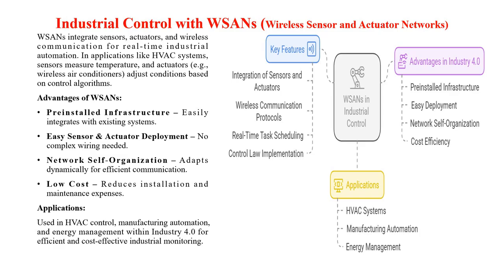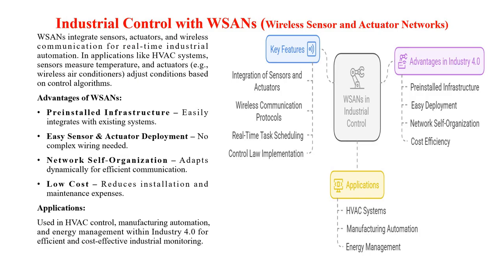The key features or advantages of the WSANs are, first, pre-installed infrastructure, that is it will easily integrate with existing systems. Then you have easy sensor and actuator deployment, where the wireless technology reduces installation complexity.